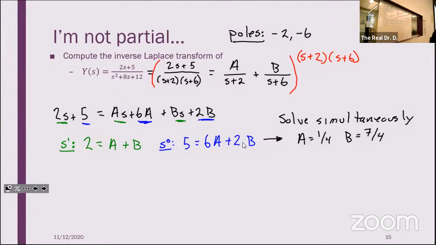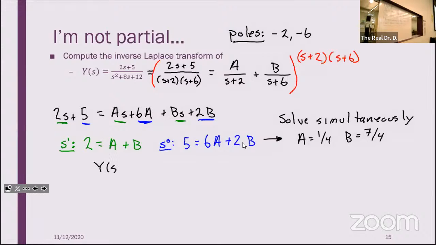So that gets me A and B, and A and B are my residues. Last problem, what we did was we plugged in A for A and B for B. So you get 1/4 over s plus 2 plus 7/4 over s plus 6. We go back to the Laplace transform table.